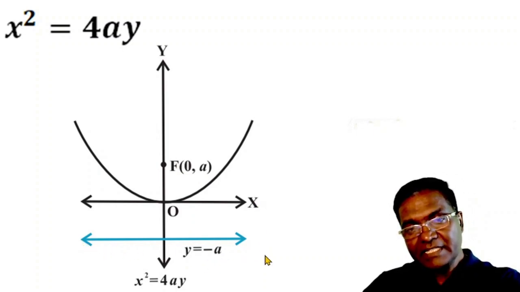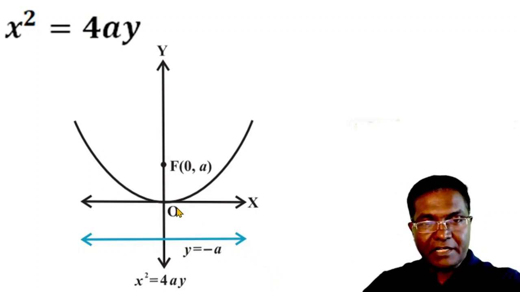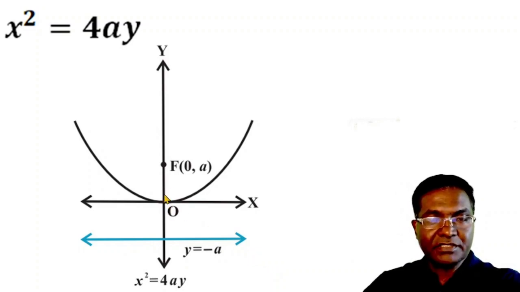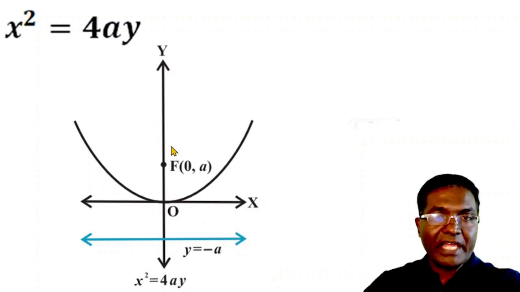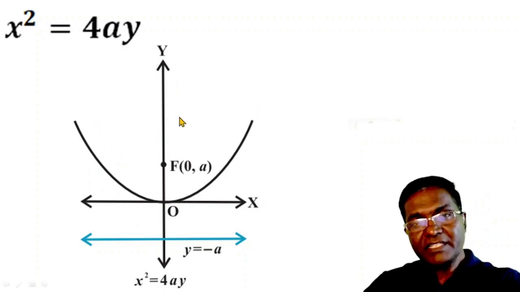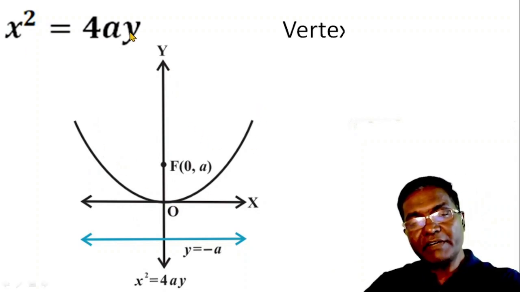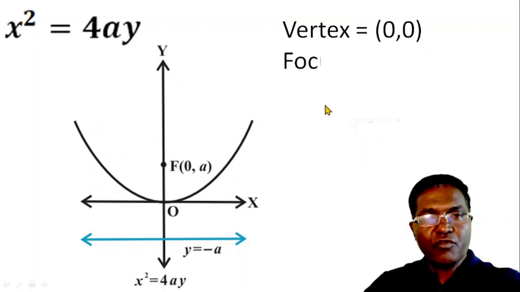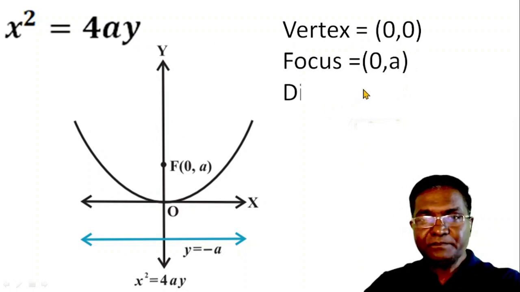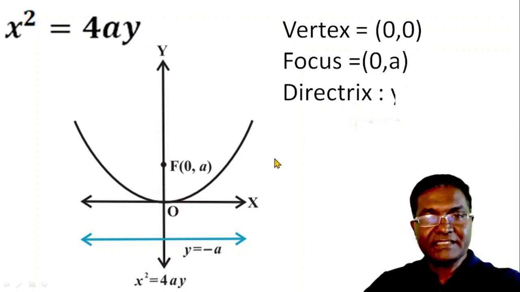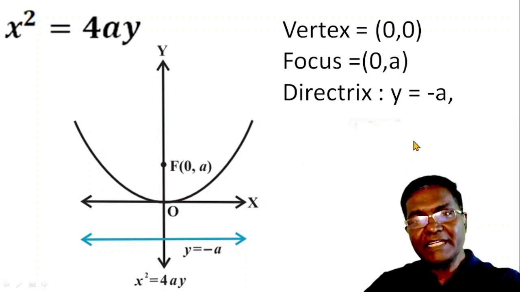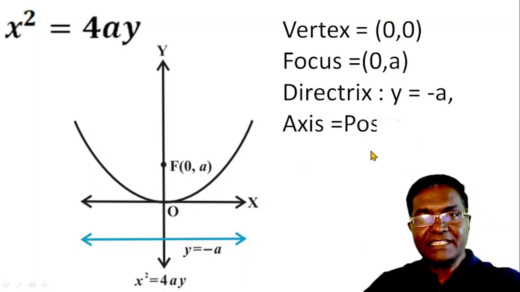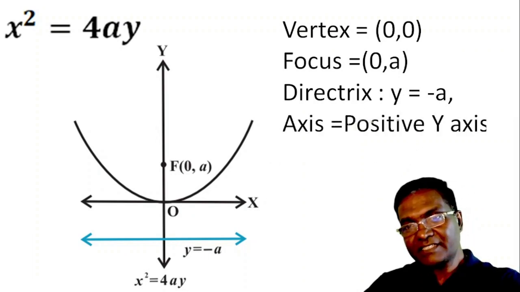This is the directrix, and the vertex is as usual the origin. Its axis of symmetry is the positive y-axis; it bends towards the positive y-axis. So remember: x square equals 4ay represents a parabola with vertex (0, 0), focus (0, a), directrix y equals minus a, and axis the positive y-axis.